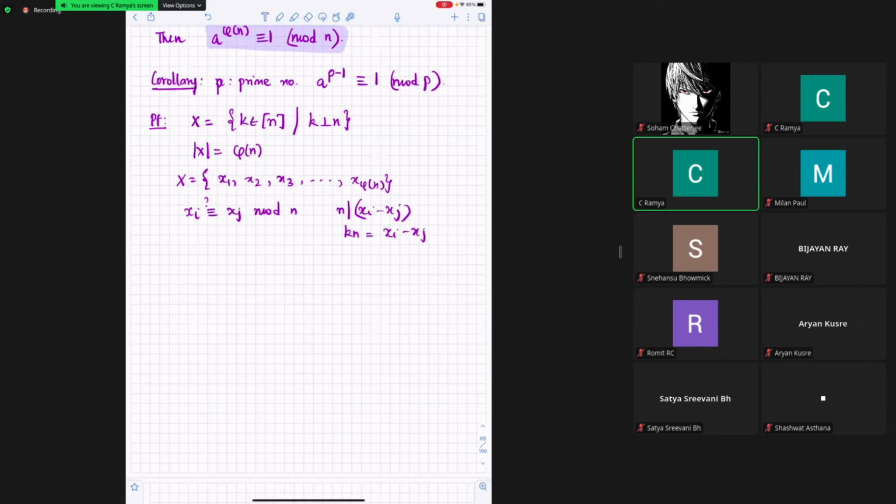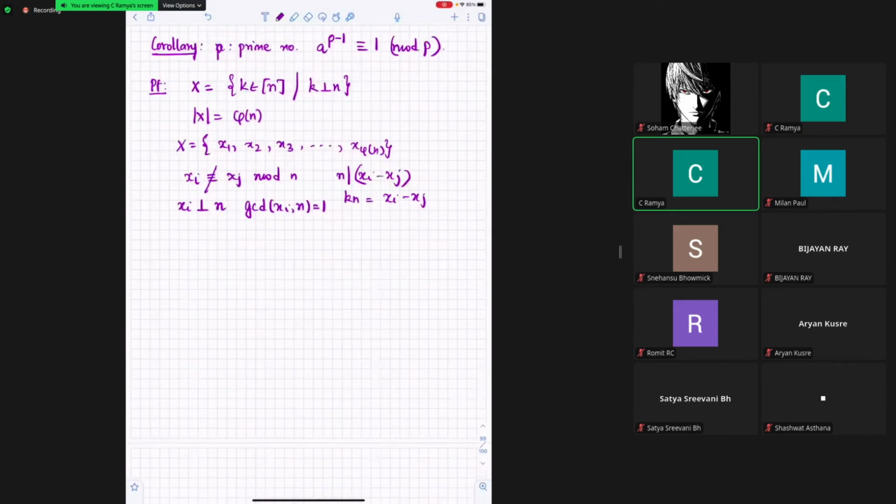Then all prime factors of n must also be prime factors of xi minus xj. But we know that these are all numbers that are co-prime to n, so they cannot share any prime factors. So this is not possible. So they're all incongruent mod n. In other words, these xi's are co-prime to n, GCD of xi comma n is 1, so none of these can be congruent modulo n. Another way to say this is these are incongruent mod n. Some textbooks use that term, so you must be familiar with that.